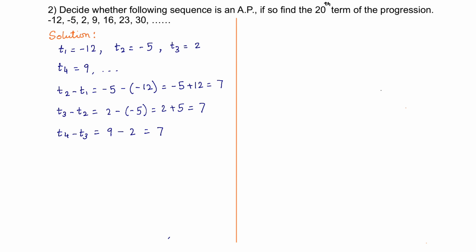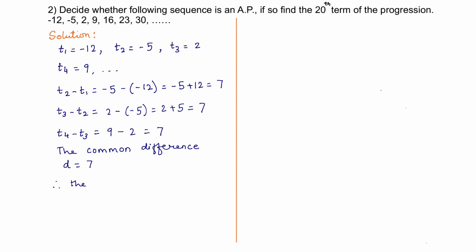So here the common difference is 7. तो जो यहाँ पे common difference है, we also write it as D, is 7. And it is constant. Therefore, we can say that the given sequence is an AP.